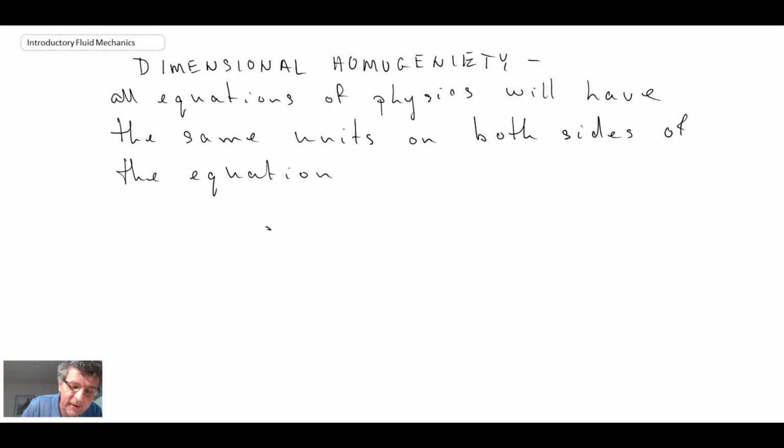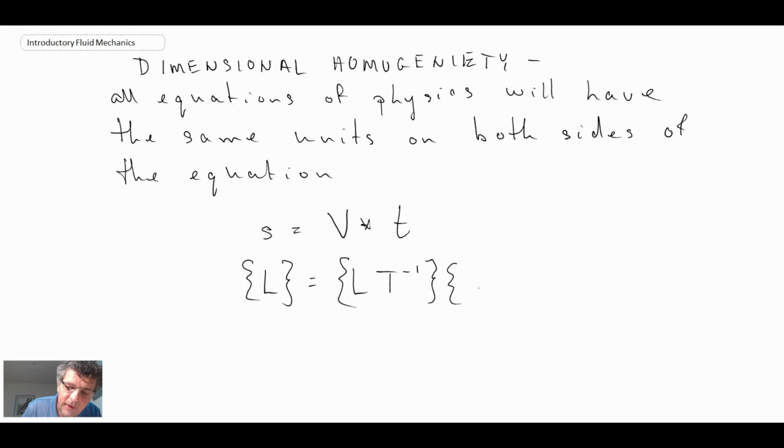So an example, let's say you have distance is equal to velocity times time. Looking at the units here, distance has units of length, and then on the right hand side we have length time to the -1, and that is being multiplied by time, and so then what we get is length equals length. Oops, sorry, not time.